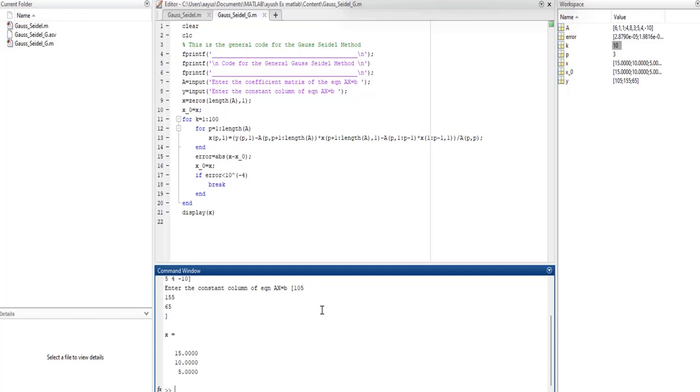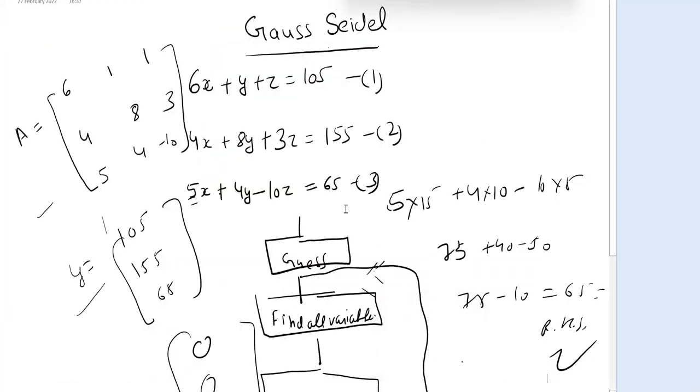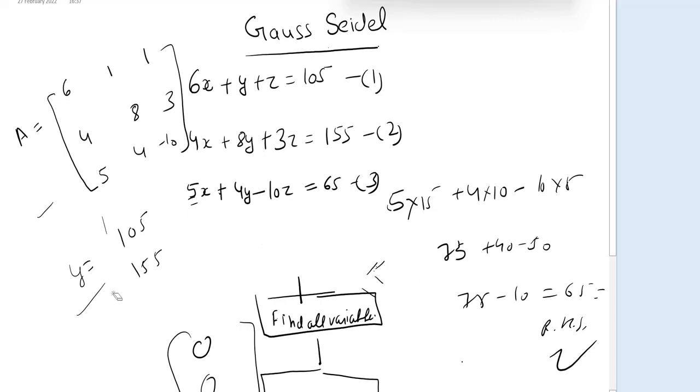Now the second method is the Gauss-Jacobi method, and the difference between the Gauss-Jacobi method and the Gauss-Seidel method is very small. Let me erase.